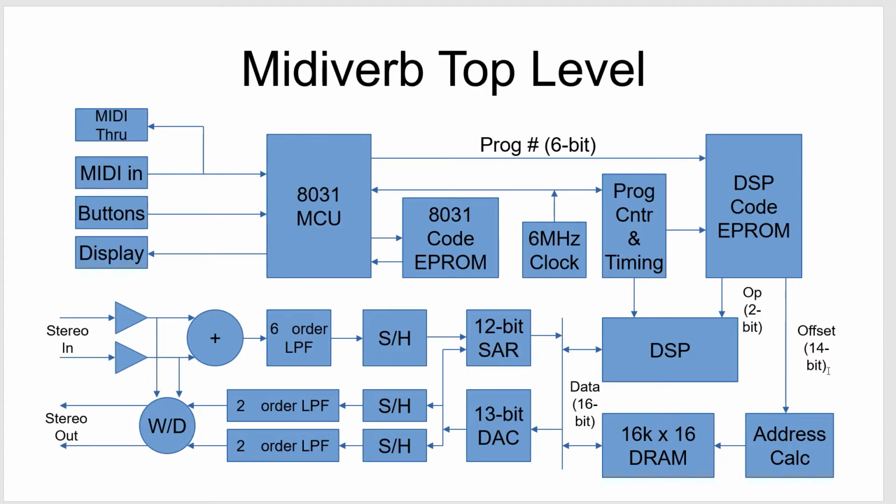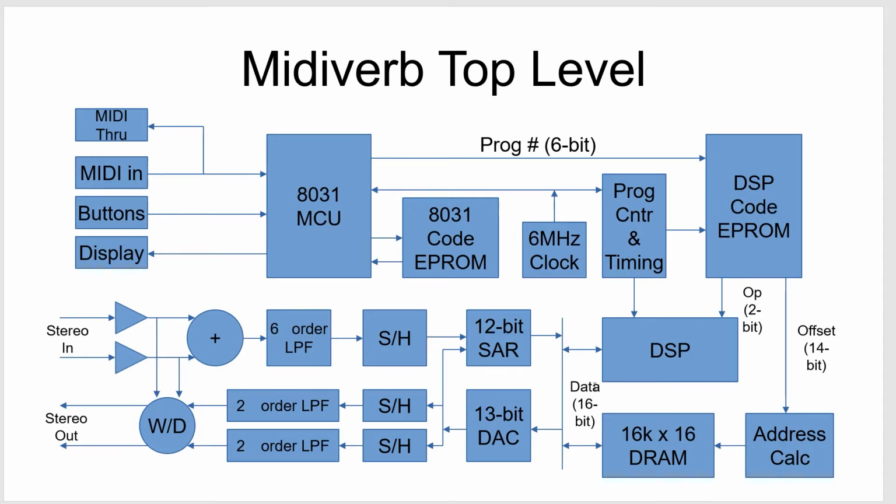The DSP itself is done with discrete TTL logic, and it has an automatic refresh operation for the DRAM, and it has an address calculator, which is a little ALU by itself to calculate offsets into the DRAM for pointers.